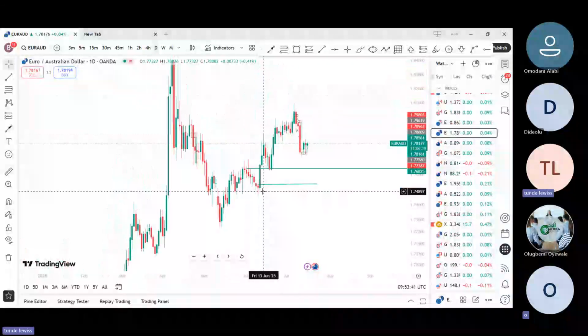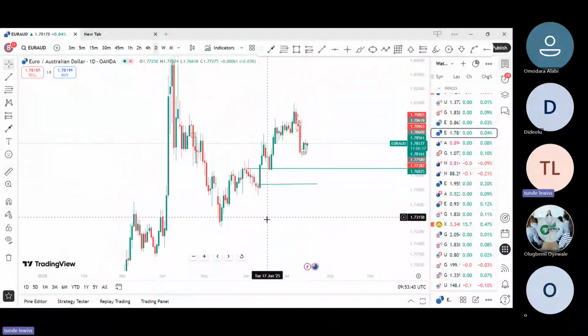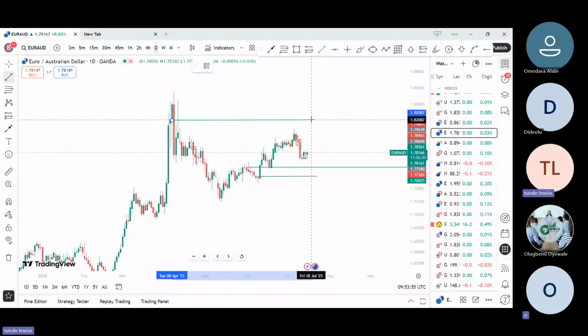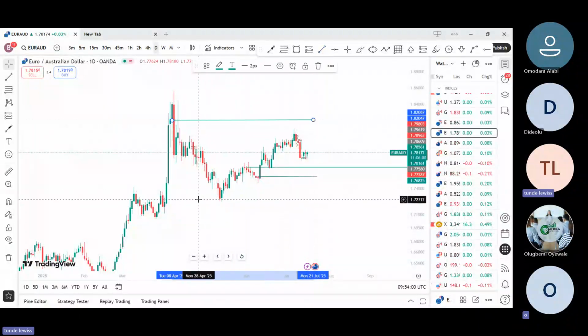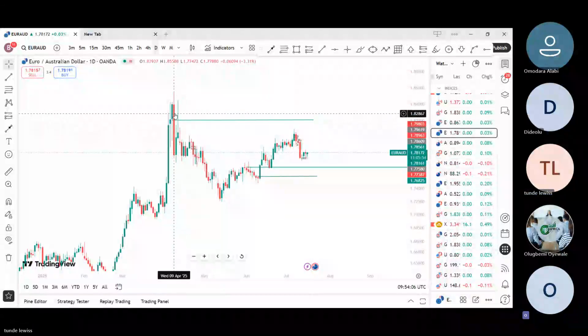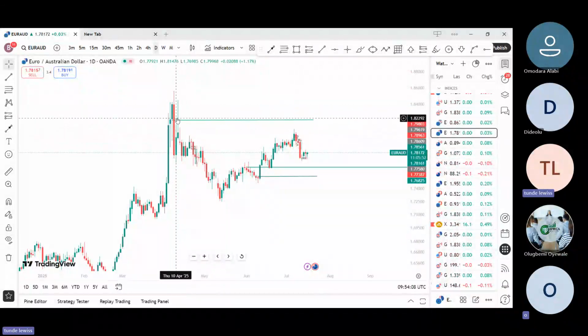Yeah, from the daily time frame, I can clearly see that the market is actually reacting from this zone here. Can you hear me, sir? Yes, very clear. So on the daily time frame, we have this bearish engulfing candle, it engulfs this bullish candle.